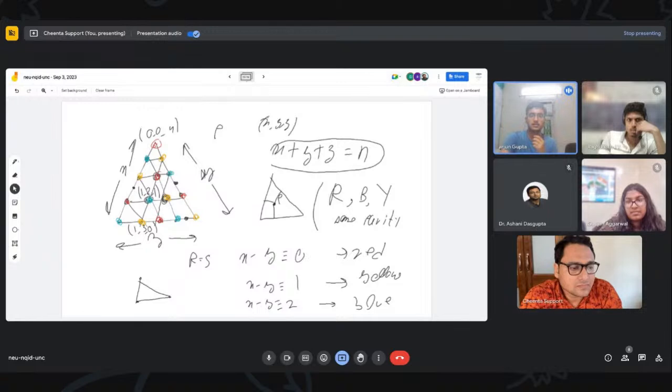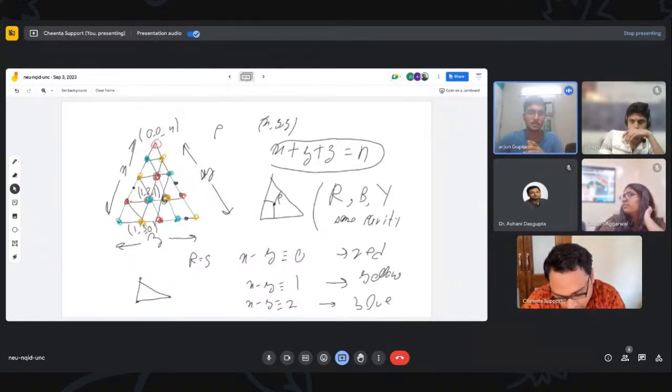Yeah, so this is the claim. Okay, I'll just write the claim once formally. It is quite easy to prove, and you can think about it a little yourself.